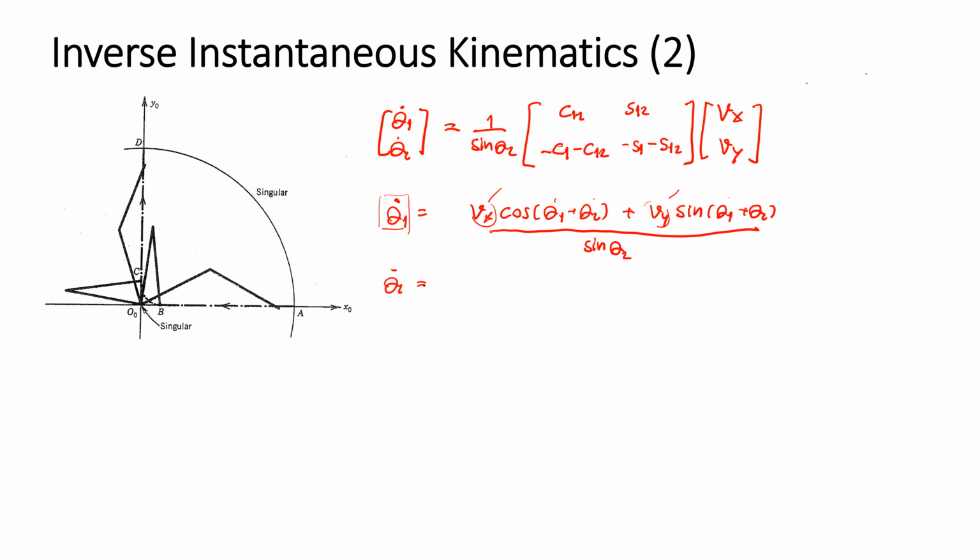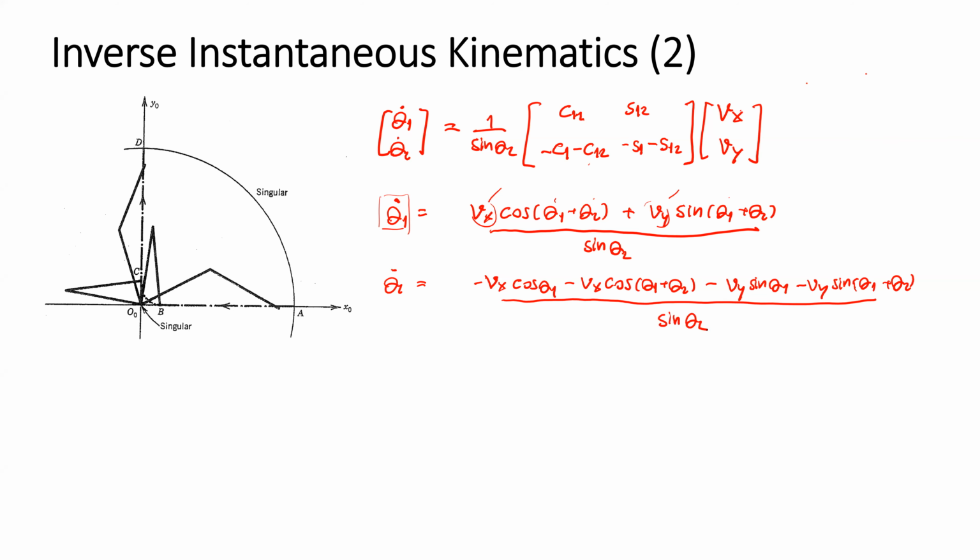In the same way, Vx needs to multiply this one. So minus Vx cosine theta 1 minus Vx cosine theta 1 plus theta 2, and minus Vy sine theta 1 and minus Vy sine theta 1 plus theta 2, divided by sine theta 2.